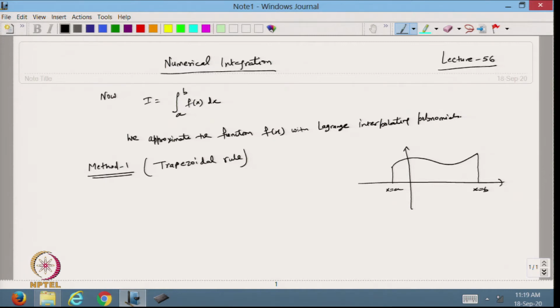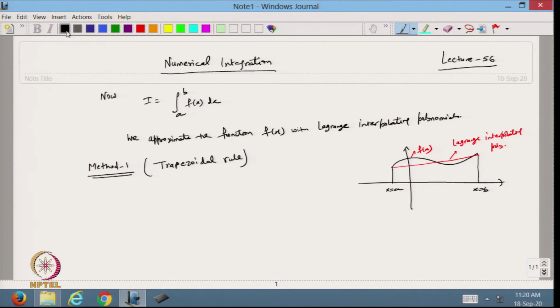Now, I approximate this function f(x) with a linear function, which is my Lagrange interpolating polynomial. I am considering that I know the value of the function at this point and this point.